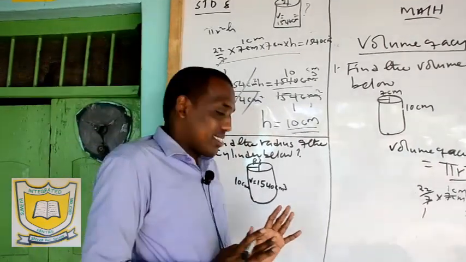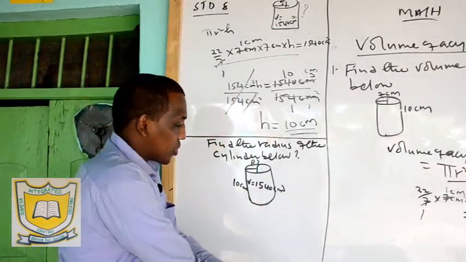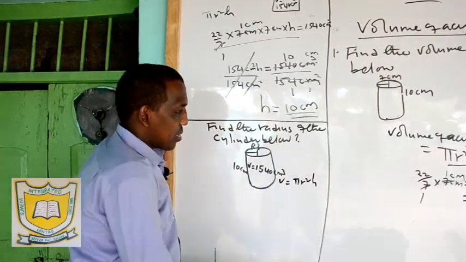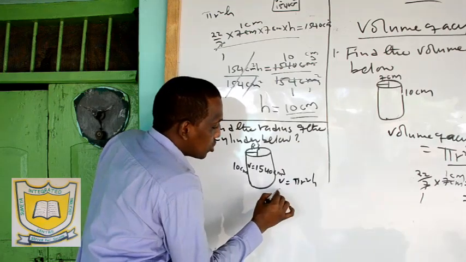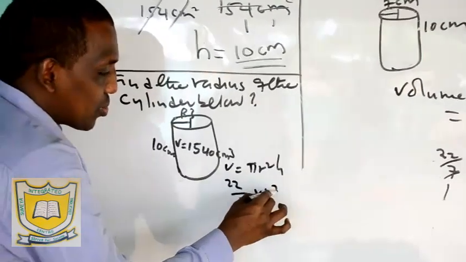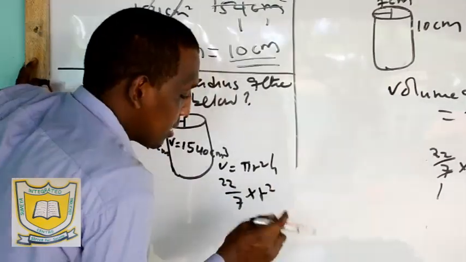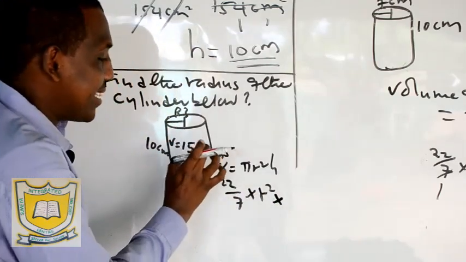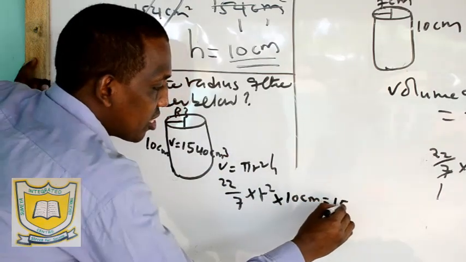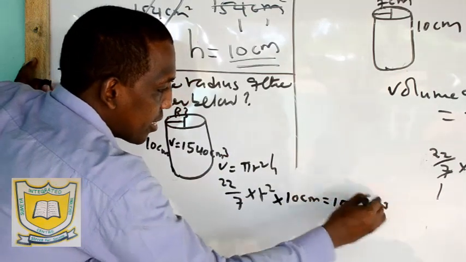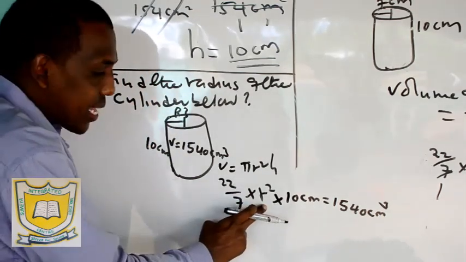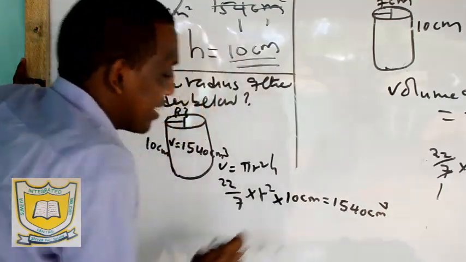How do we get the radius? We use our formula. The formula was volume is equal to πR squared H. Now let us use it. π, which is 22 over 7, multiplied by R squared, we don't know the radius, multiplied by the height. Height is 10 centimeter, is equal to total volume 1540 centimeter cube. This 7 cannot be divided by this R, also cannot be divided by this 10. What do we do now?